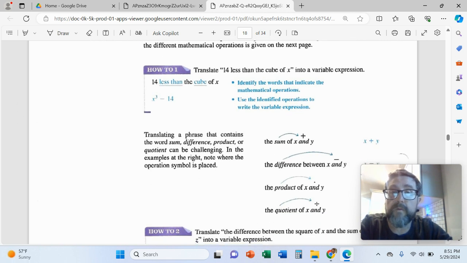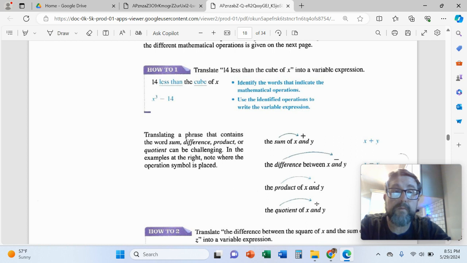So translate 14 less than the cube of x into a variable expression. Identify the word that indicates the mathematical operation: less than.